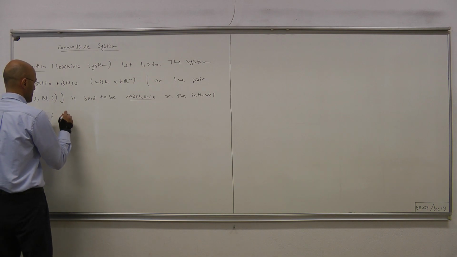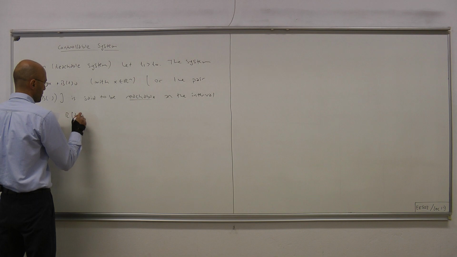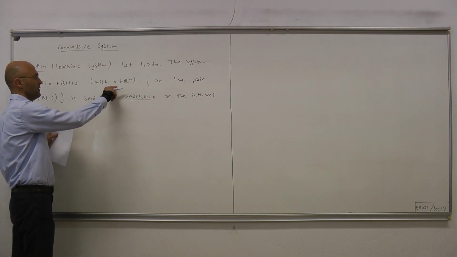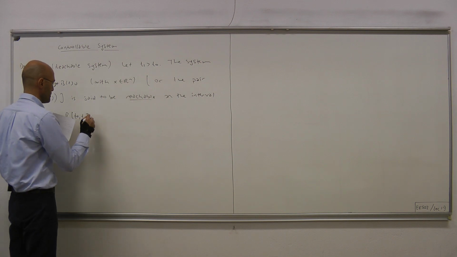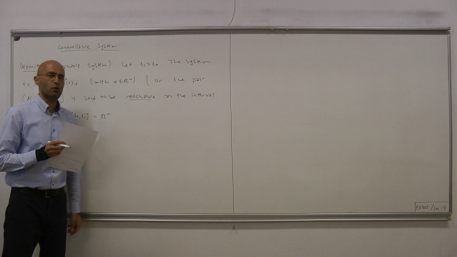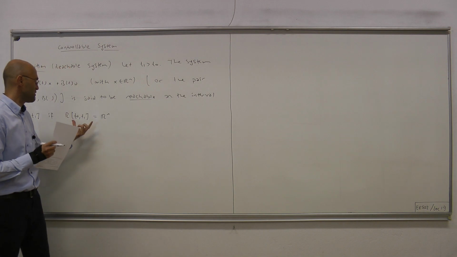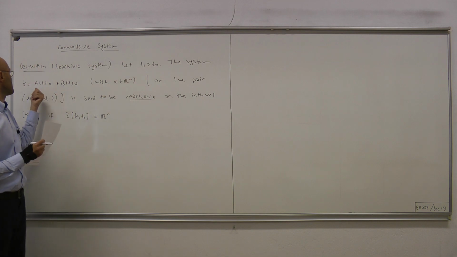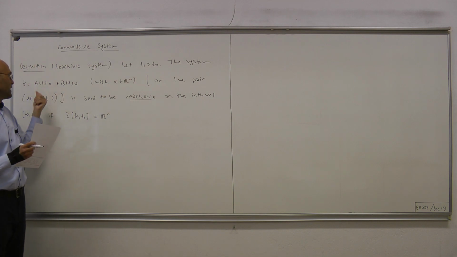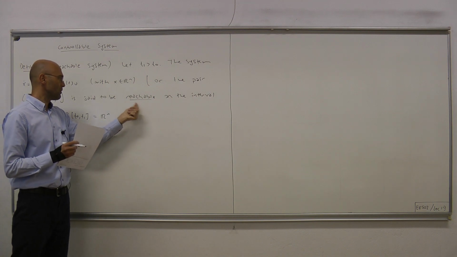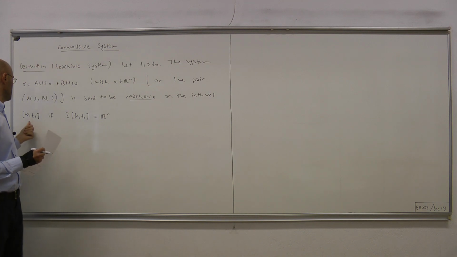That means basically that the reachable subspace is the entire space. Since the system is of order n, we're talking about the case that the reachable subspace equals Rn. If this is satisfied, then we say the system x dot equals Ax plus Bu, or the pair AB, is reachable on the interval t0 t1.